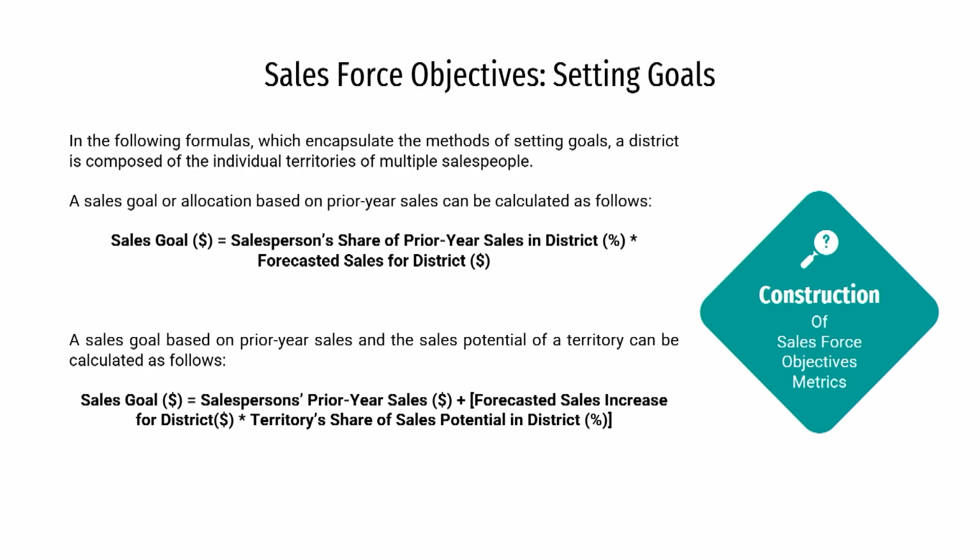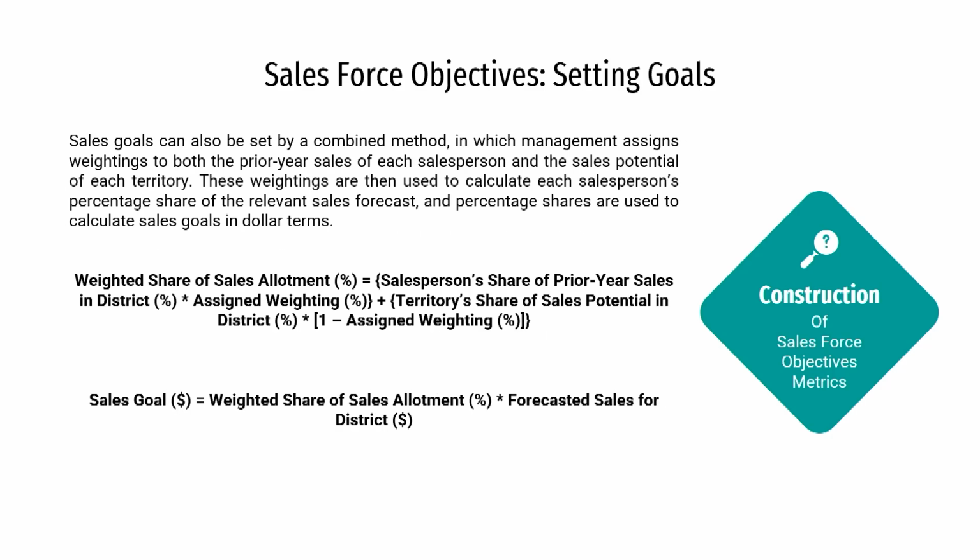So, my share will remain constant, that is 1%, right. So, it is the salesperson's prior sale, that is 100,000, plus 5 million multiplied by 1%, that is 50,000. So, it is 150,000.